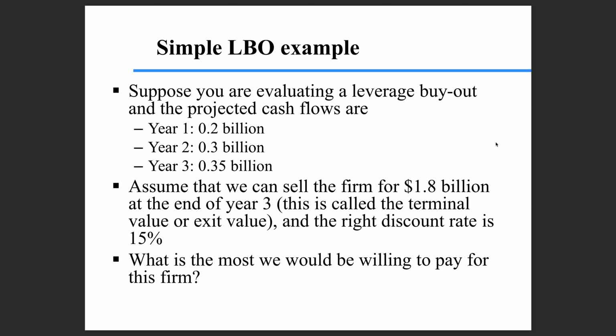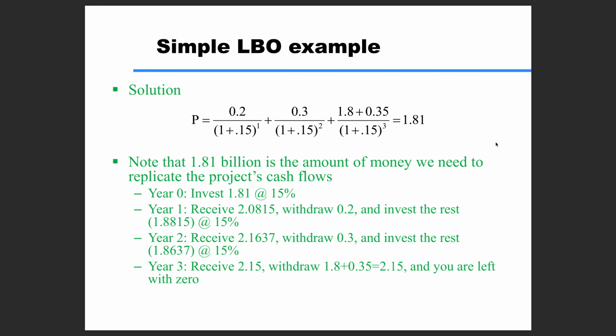How do we solve this problem? Here is the solution. We need to discount the cash flows of this deal at 15%, and we take into account time value of money. In other words, the discount factor for each cash flow. The first year cash flow would be discounted by 1.15 to the power 1.